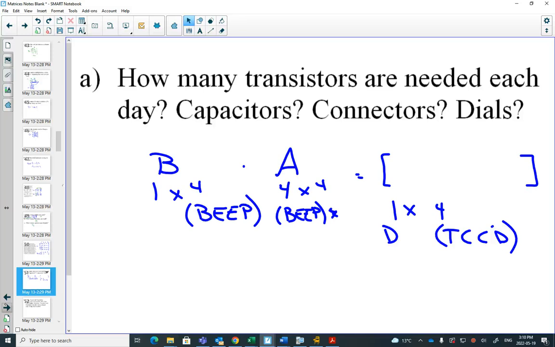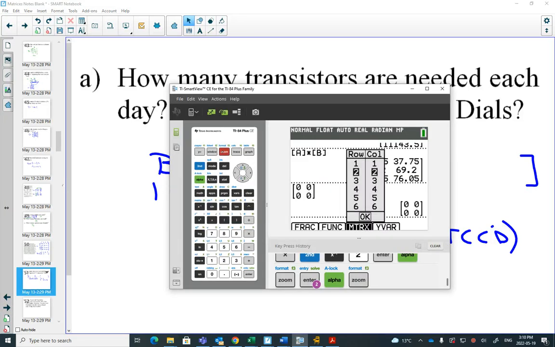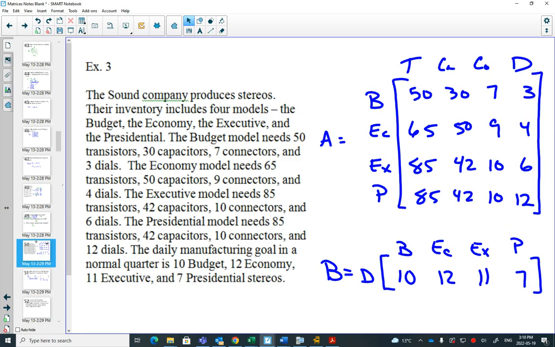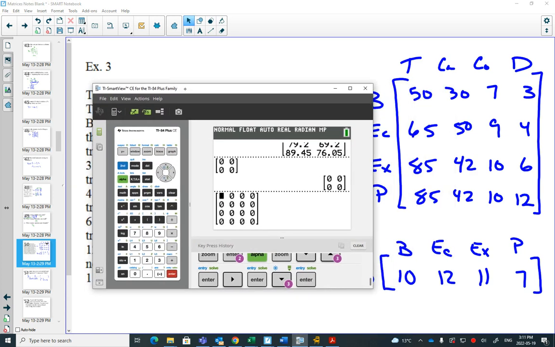So again, if we wanted to find this out on our calculator, I'm going to use that fancy new thing. I'm going to make a 4 by 4. Okay. Oh, and I need to go back to this screen. 50.